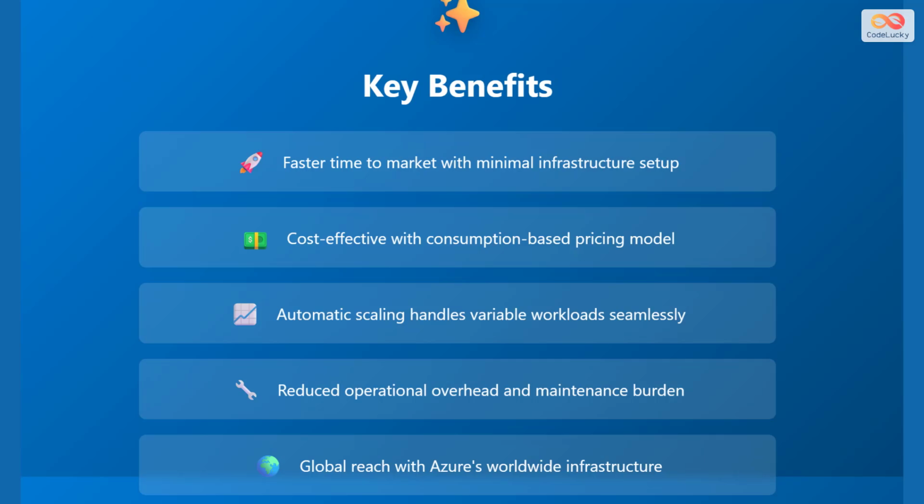There's reduced operational overhead and maintenance burden since Azure manages all the infrastructure. Finally, you get global reach with Azure's worldwide infrastructure, allowing you to deploy your functions close to your users for optimal performance. These benefits make Azure Functions an excellent choice for building modern, cloud-native applications.